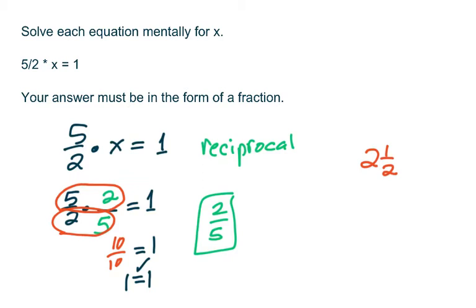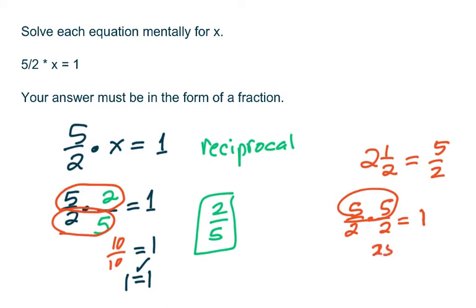If you chose the wrong answer of 2 1/2, there's a couple of things going on here. First of all, 2 1/2 is equal to 5/2. And 5/2 is not the answer because if I test it in the original, so I'll take 5/2 times 5/2, I'm testing x, and the question is, is it equal to 1? Well, no, definitely not. When I start to multiply, I get 25 over 4, and that is definitely not equal to 1.